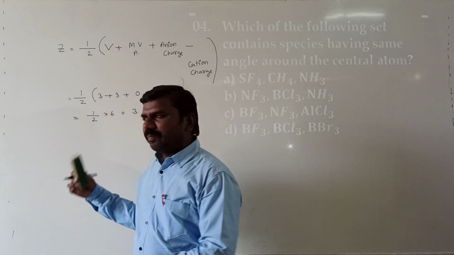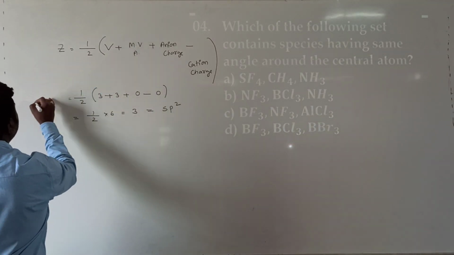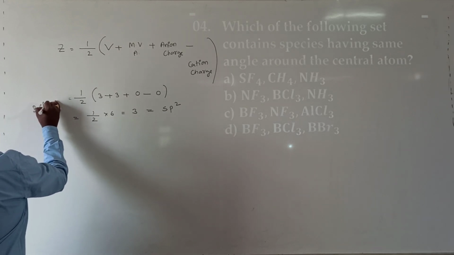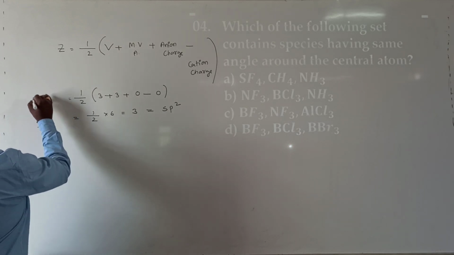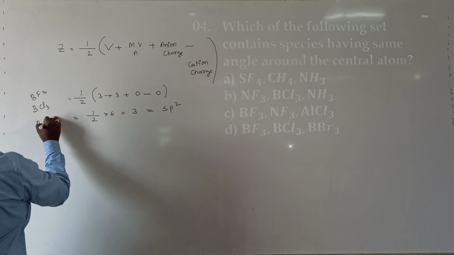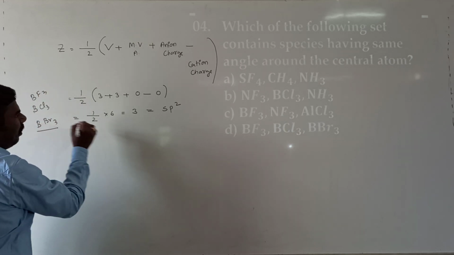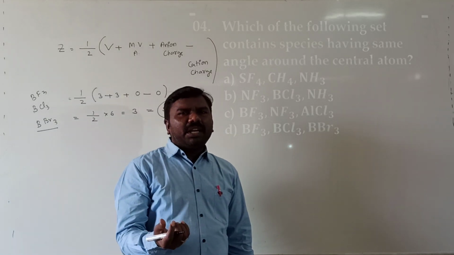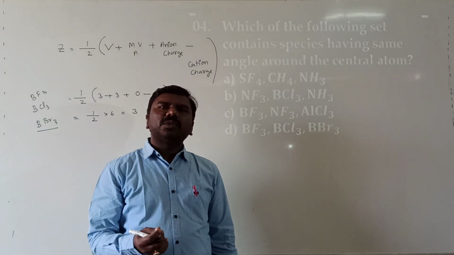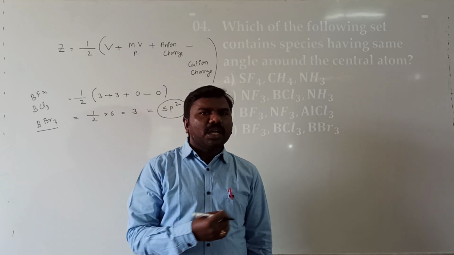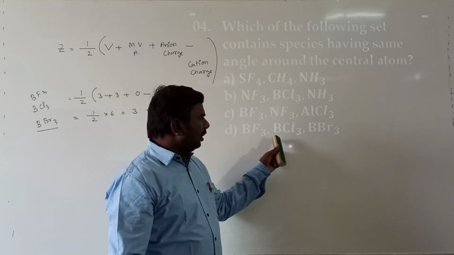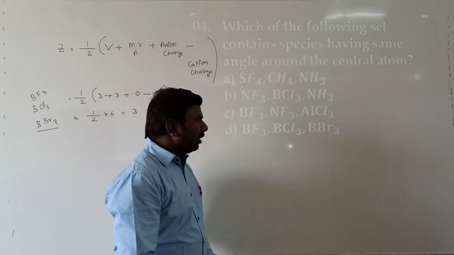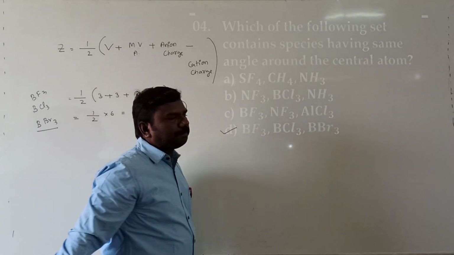Then you will get the same. So BCl3, BF3 and BBr3 all undergo sp2 hybridization. There is a little variation in the bond angle, but the bond angles in each and every molecule are almost close to each other. That's why option D is correct.